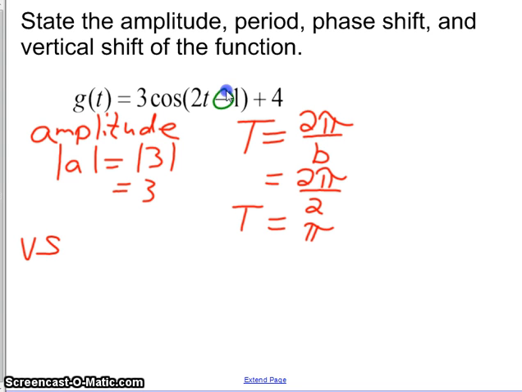Okay? And then we're going to do positive because we're going to do the opposite. So we're going to do 1 over 2. That's negative C over B. So this is 1/2 to the right.